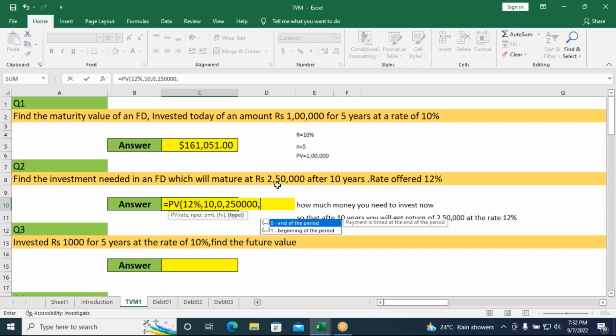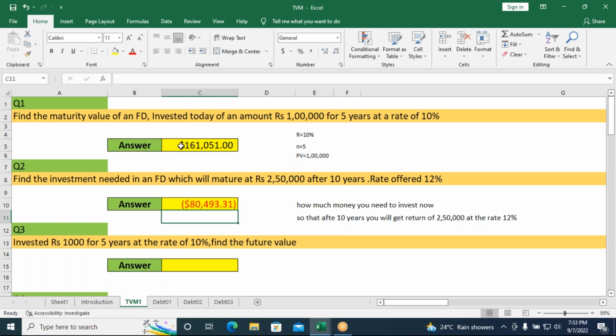Beginning of the period. So I'll put it as 1 and close the parenthesis. See, when the money is going to come, it will be shown like this, and the money I'm going to spend today is the answer. So how much do I need to invest today? It is 80,493.